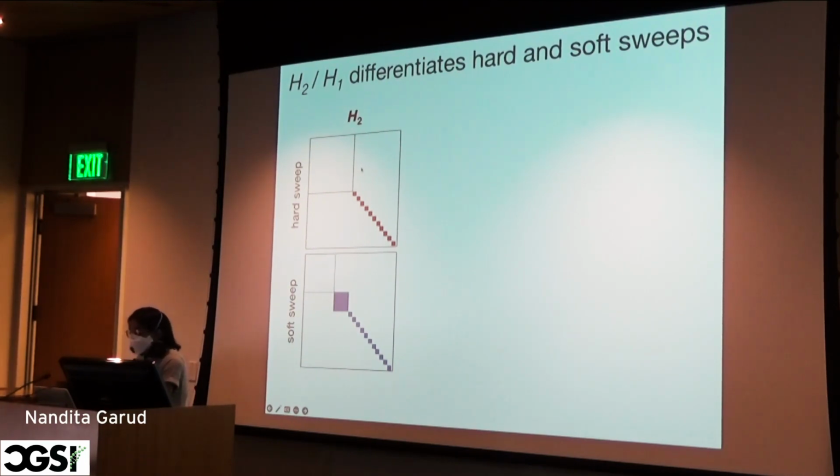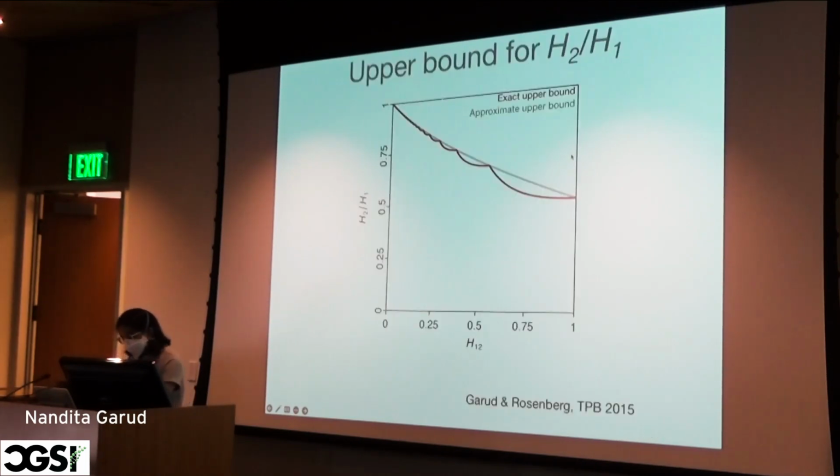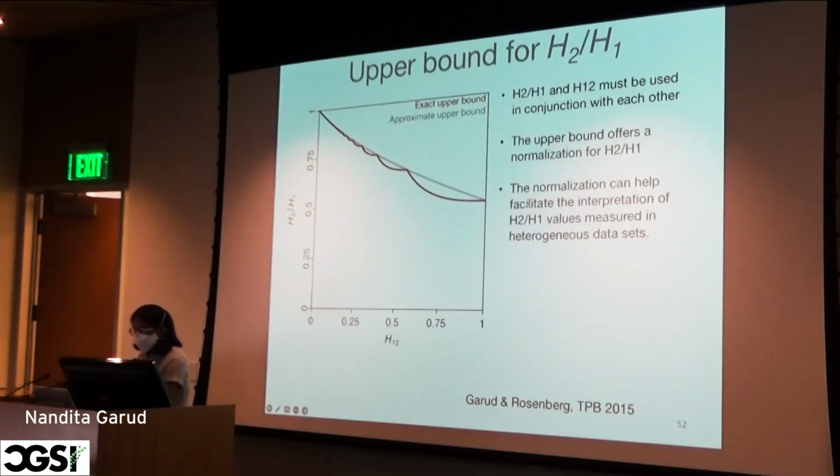To augment our ability to distinguish hard and soft sweeps, we can take the ratio of H2 divided by H1, and we expect it to be small for a hard sweep and large for a soft sweep. We've shown that there's actually a mathematical relationship between the upper bound of H2 and H1 versus H1-2. And so basically, the two statistics must be used in conjunction with one another.